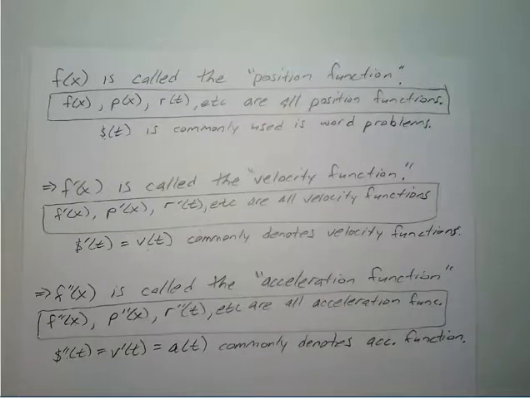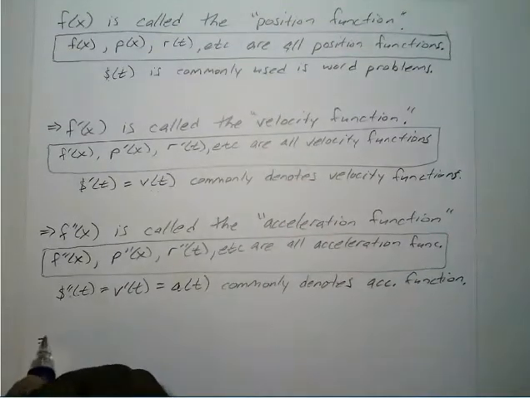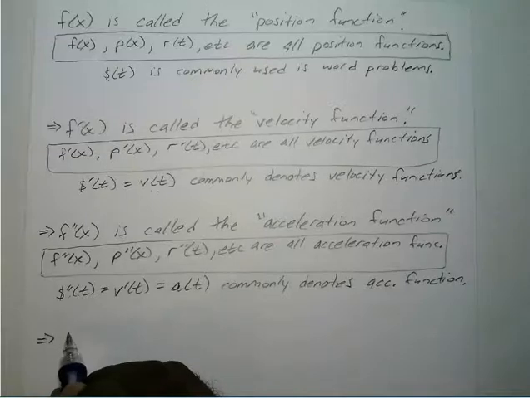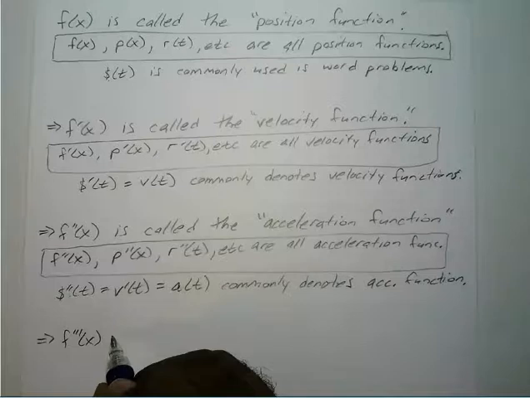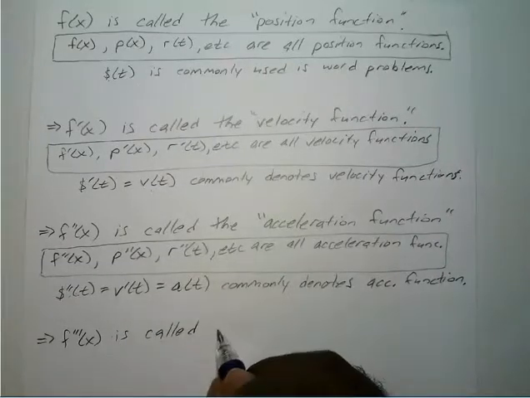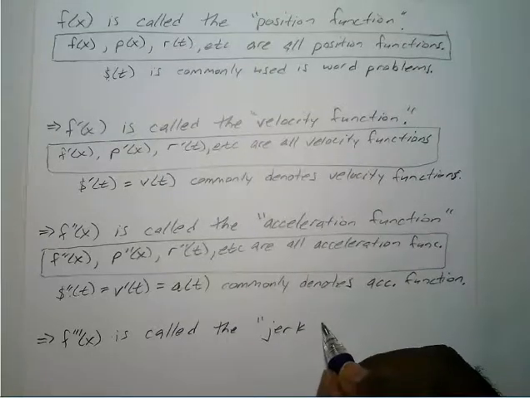Okay, so if you are still writing, feel free to press pause. Well, actually, we do have a little more room on this page, so I think I'll just continue on this one. Now, if you have your third derivative, it's called the jerk function.